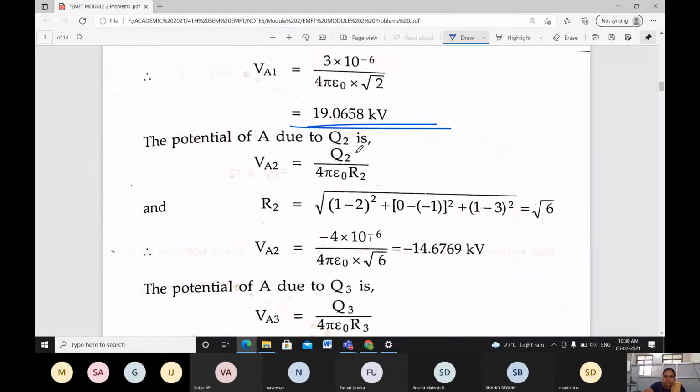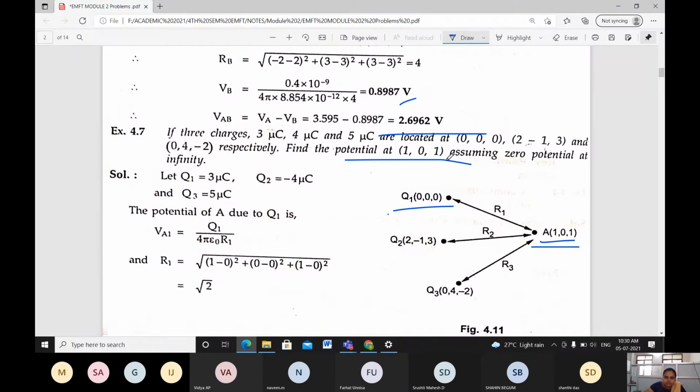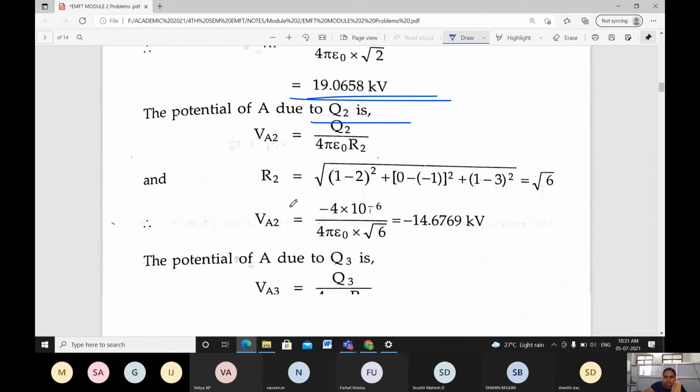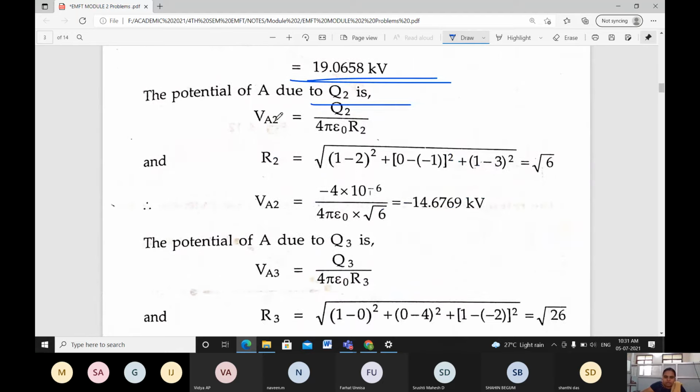Next, due to point charge Q2, observe here, maybe here it may be minus, they may have skipped it here, just to make that correction in this question. Then VA2 is going to be Q2 divided by 4 pi epsilon naught into R2.